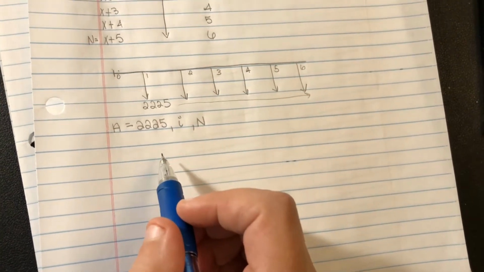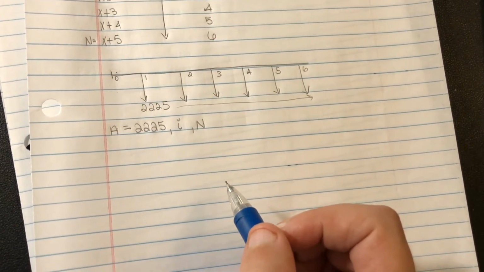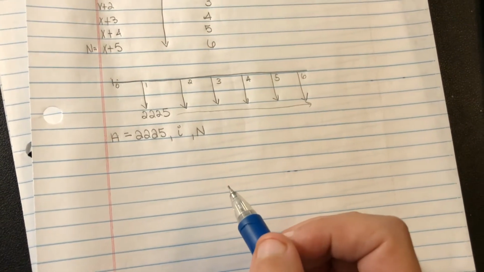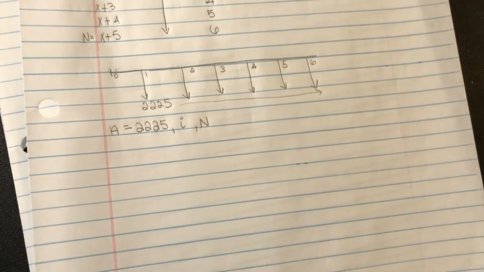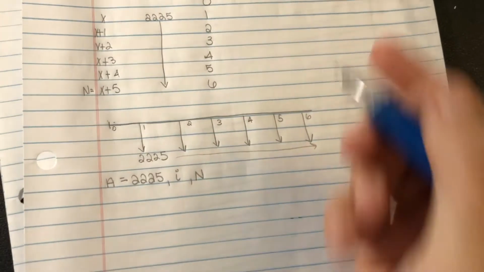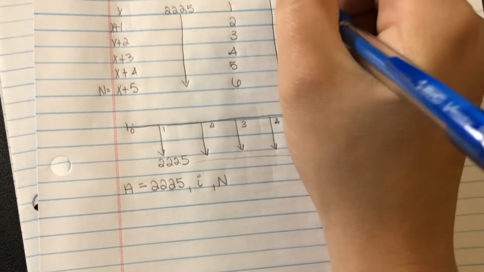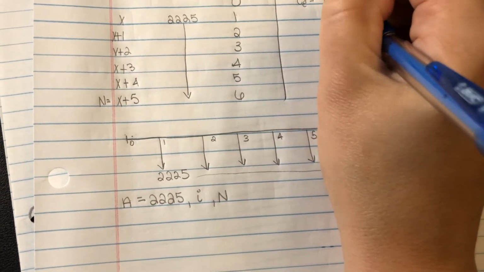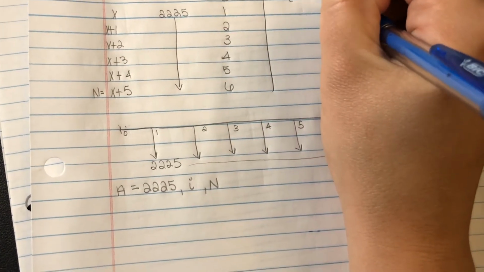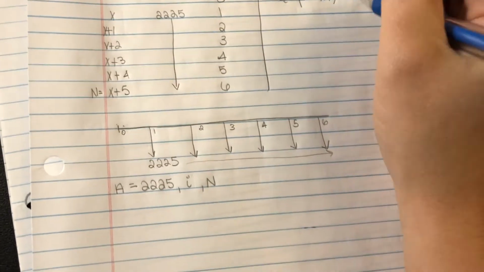One of the first unknown things that we have is the interest rate. Since it said it was compounded quarterly, we're going to find the effective interest rate. We can do that up here. You'll use the formula IE equals 1 plus R over M to the nth power, minus 1.